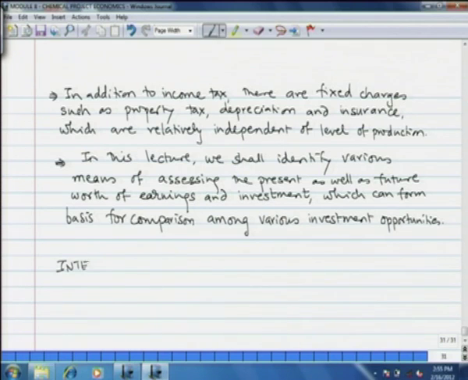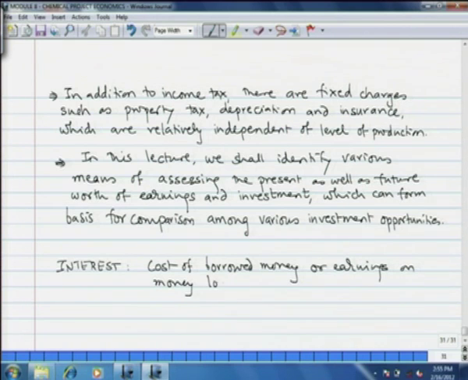Let us first see the concept of interest. It is the cost of borrowed money or earnings on money loan. If you are financing any project, then you are going to earn interest, earnings on money loan.